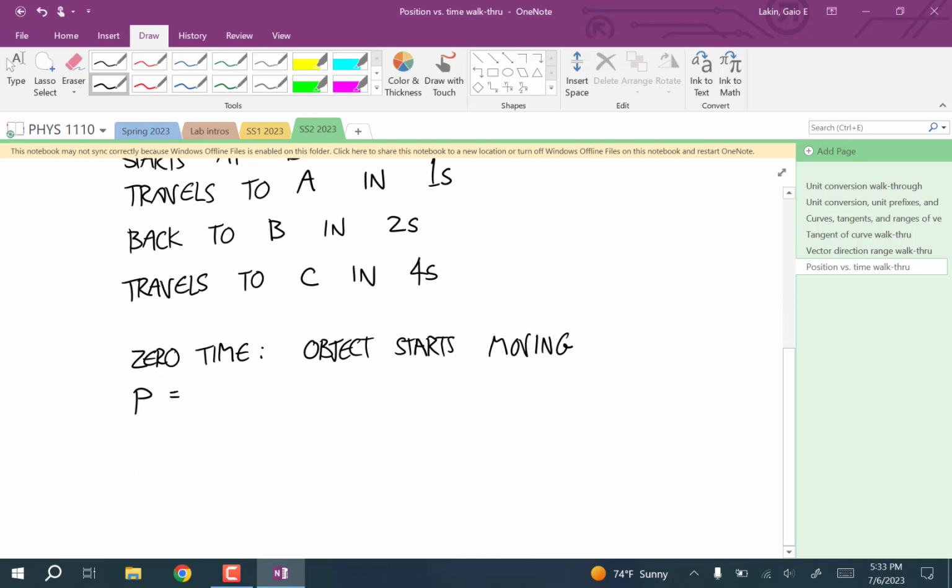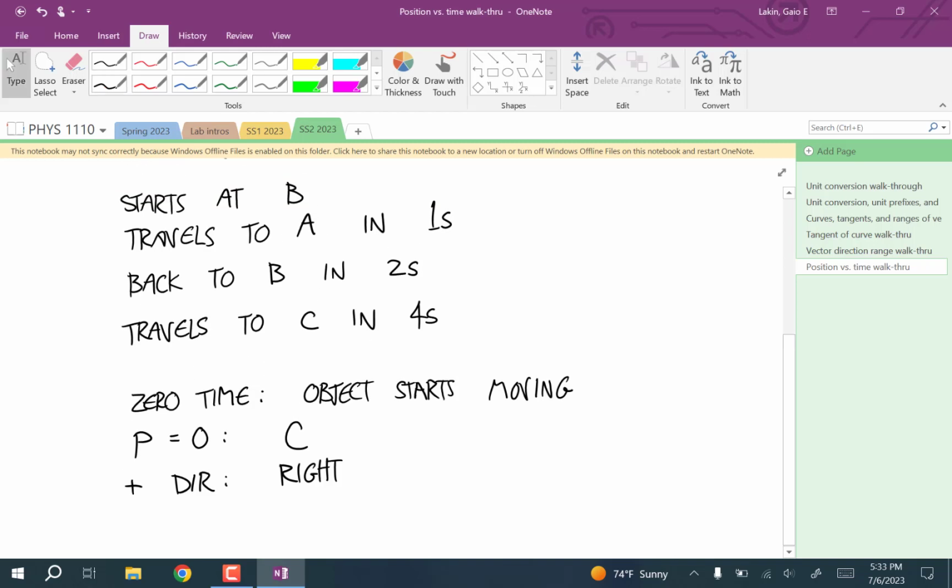Our zero position is going to be, let's say, at the point C. And our positive direction is going to be to the right. Okay, so this is all the information that problems like this will give you, and you're asked to draw a position versus time graph.